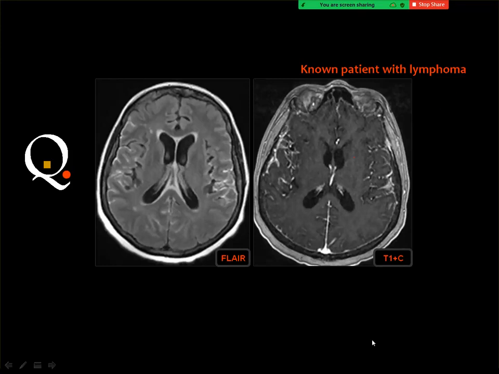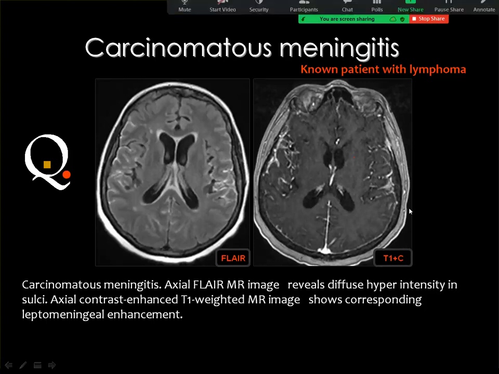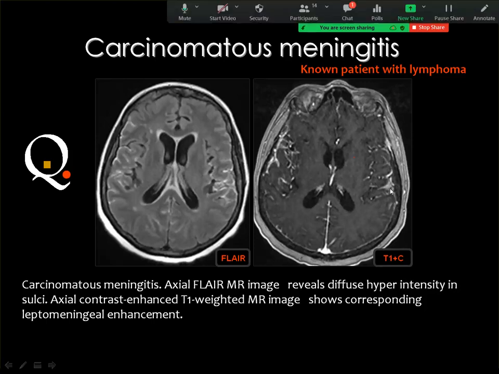What do you think? And if it is meningitis, then you should also say that I am dealing with a case of leptomeningeal enhancement due to lymphoma. But inflammatory meningitis can be included whenever you are asked about the differential diagnosis.